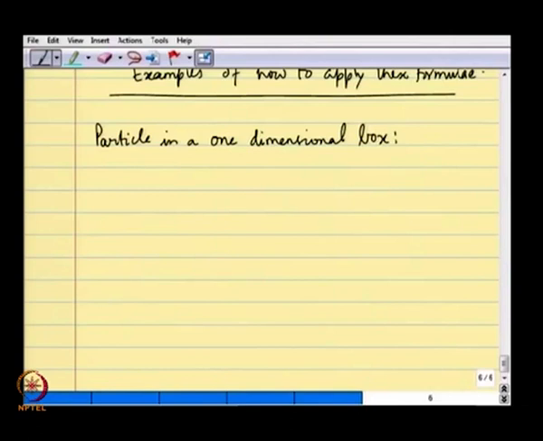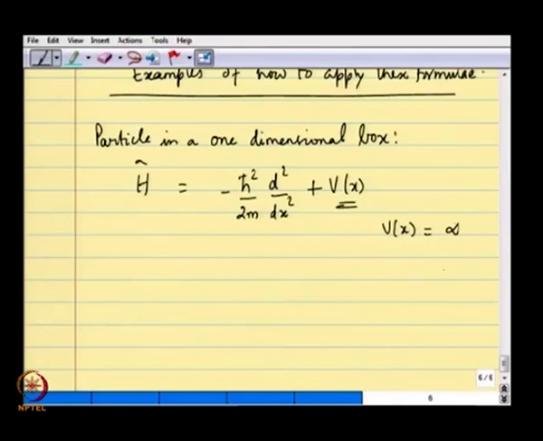Okay. And we all know that the Hamiltonian 0th order is minus h bar square by 2m d square by dx square plus a v of x, where the v of x is such that v of x is infinite, very very large for say x less than or equal to 0, x greater than or equal to L, where L is the length of the box.